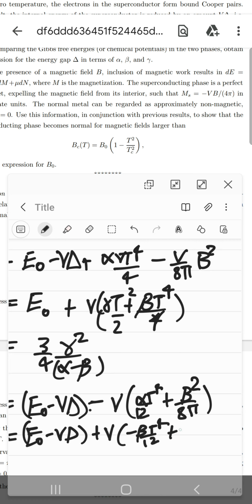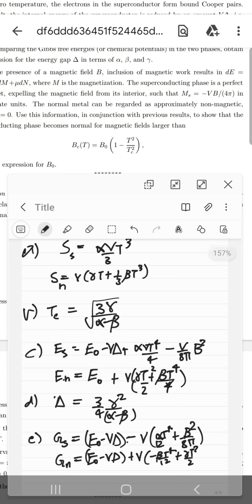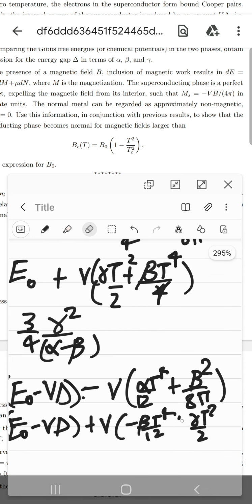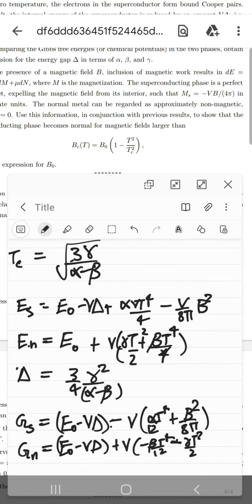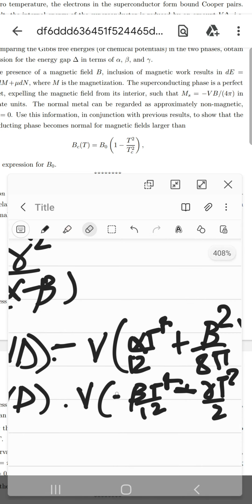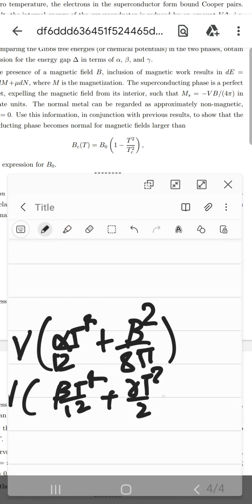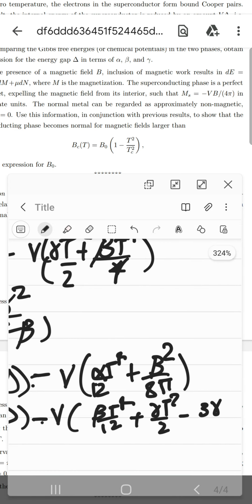Okay, and plus gamma T square by 2. Oh, but you also have that thing, so it's actually also negative. So it's minus gamma T square by 2 in fact. And then the plus V delta thing, I suppose. So just plus this whole quantity. This is actually written as negative better. And then minus basically. And then delta. So delta is just this quantity, 3 gamma square upon 4 alpha minus beta.